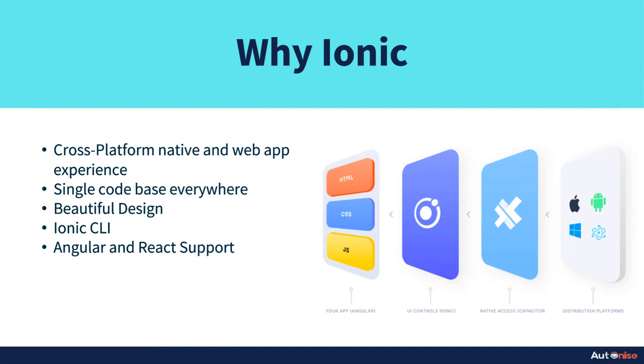But now, because of cross-platform native web applications like Ionic, it can handle making different types of apps. You just need to write the basic part, the HTML, CSS, and JS code, which you provide. And then the rest of the things are managed by Ionic only. That's why it's quite popular.